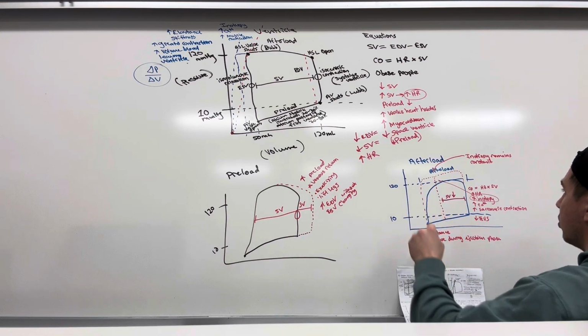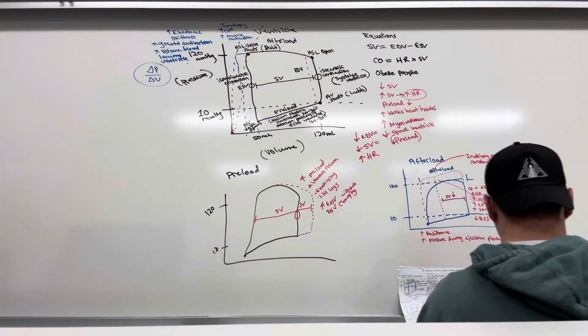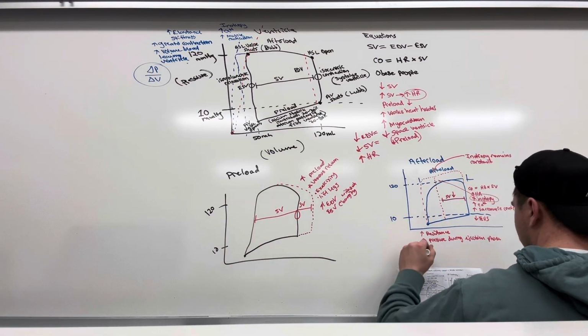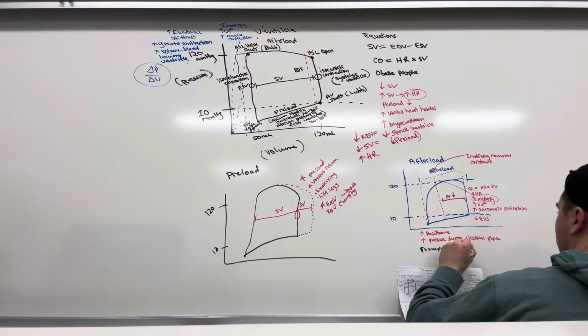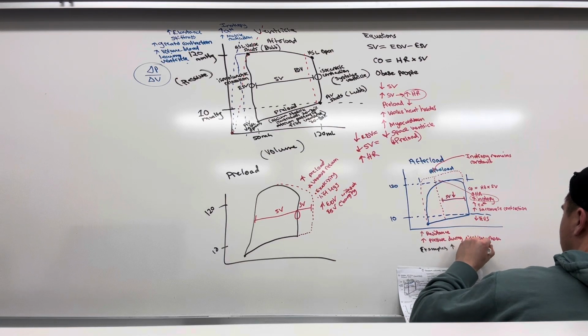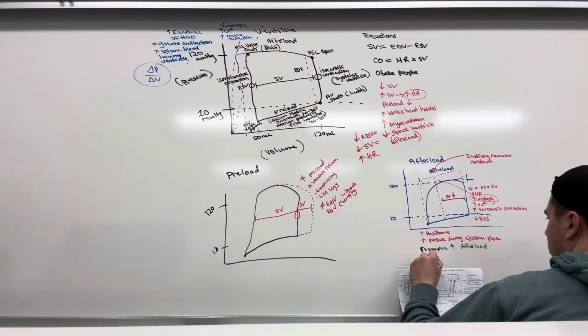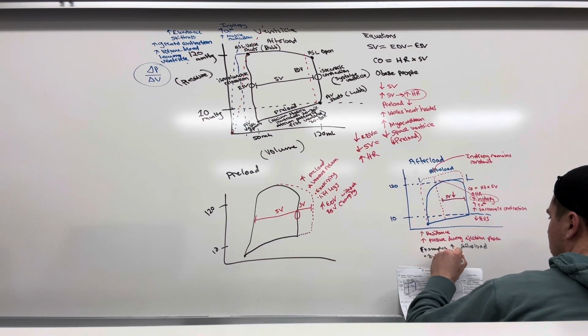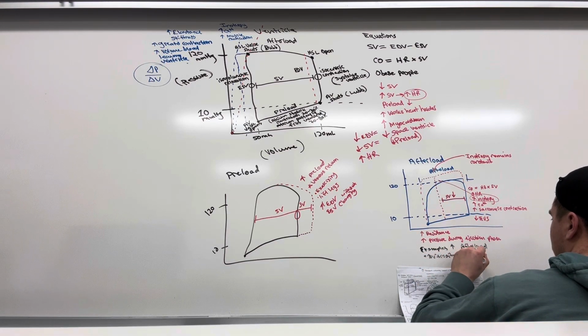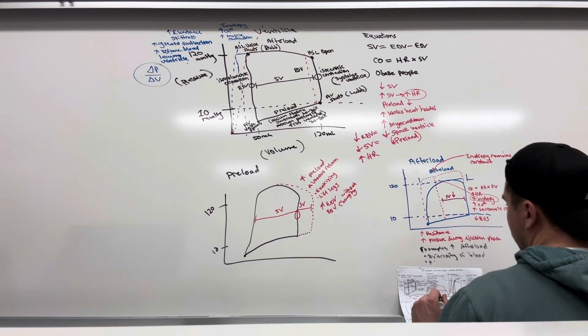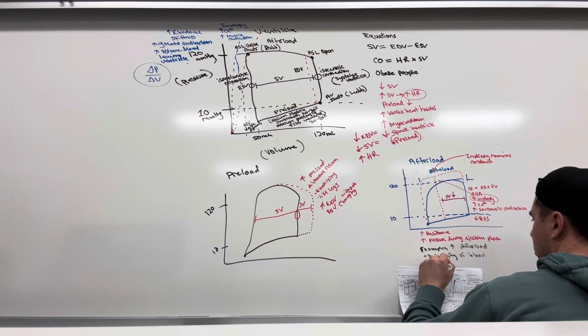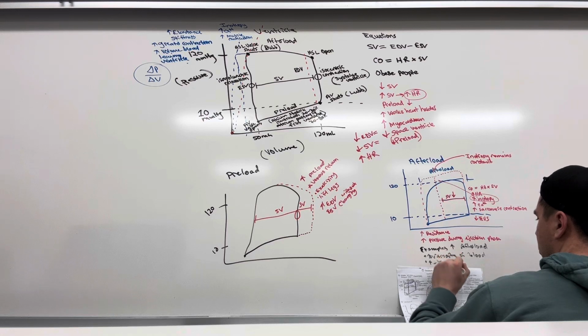So some ways that we increase afterload. If I put down some examples of how we increase afterload, it has to do with the aorta. So we could increase viscosity of blood. Okay, we could increase stenosis of the vessels, meaning narrowing.